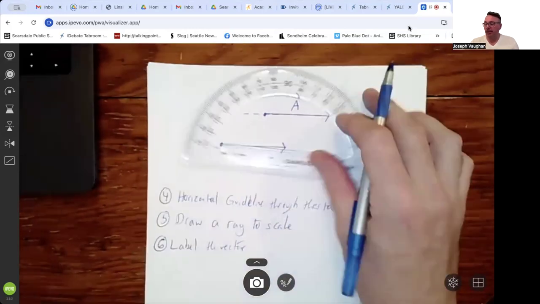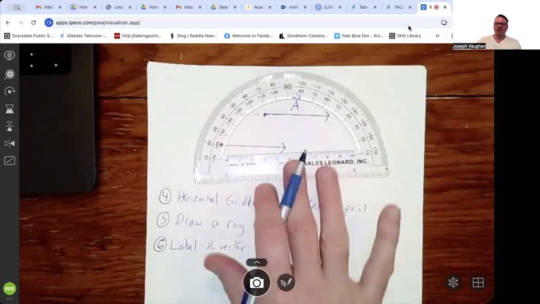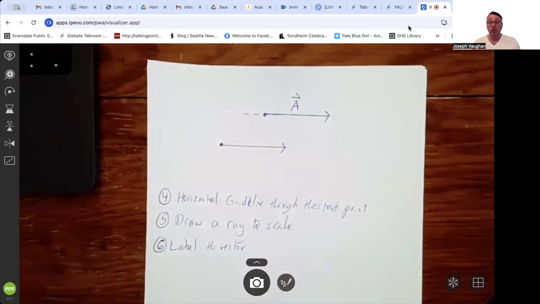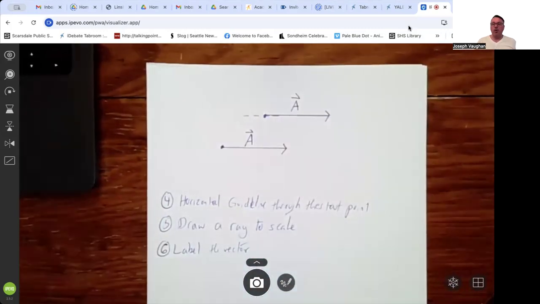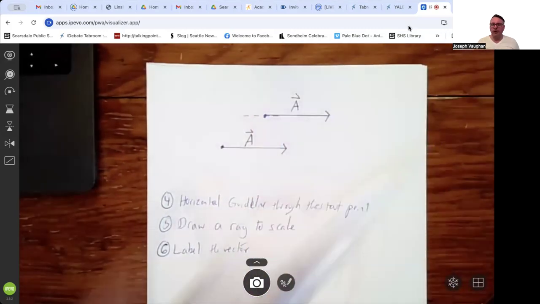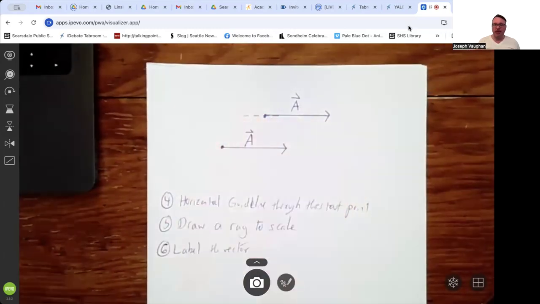And if you saw the length of it when I was drawing it out, it's 5 centimeters long. So this is a 5 centimeter long, therefore 5 meter long vector that points east. Oh, you know what that is? That's vector A. So what I did is I just drew another one of them, but it's almost like I picked up the first vector and I plopped it down there.